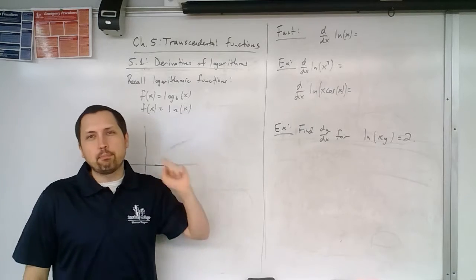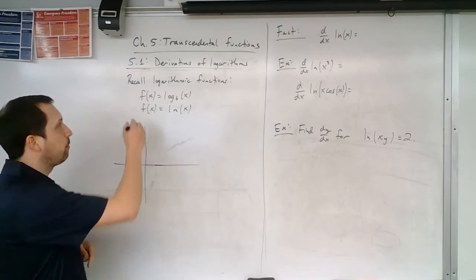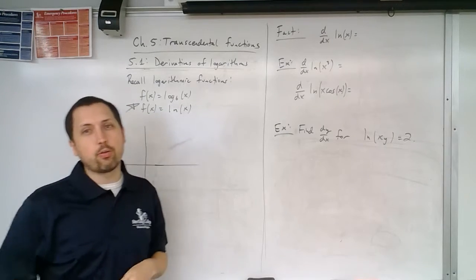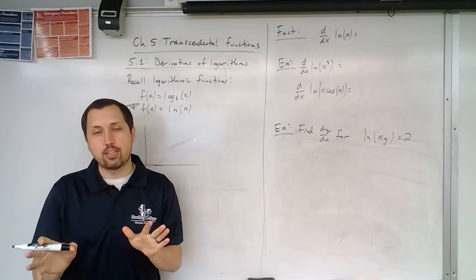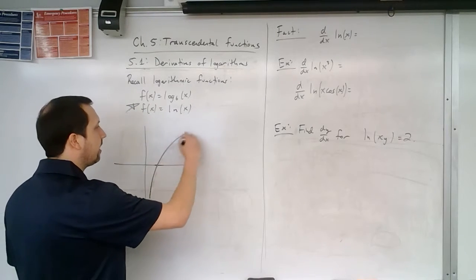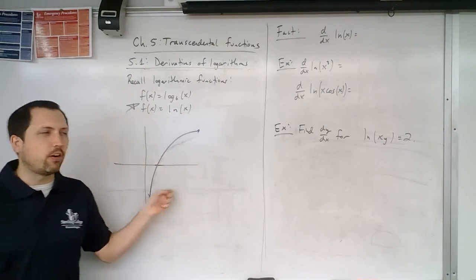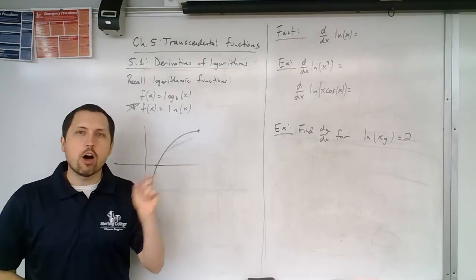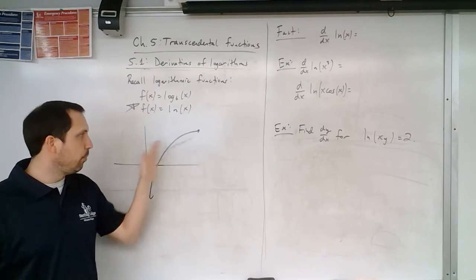This was a very important logarithmic function, and it is the one that we will primarily work with throughout your calculus career. You're going to see natural log appear all the time. This is the function that looks kind of like this. This is your logarithmic function. It could be seen as natural log or any log base b for b larger than 1.